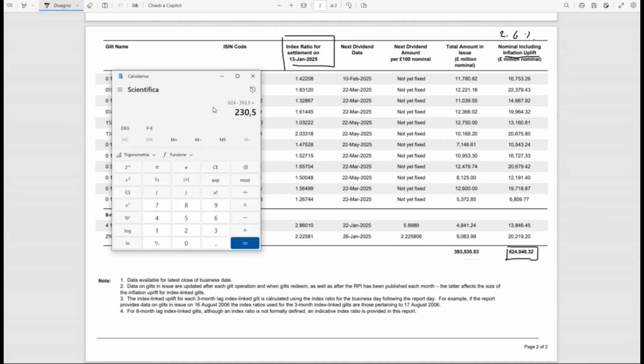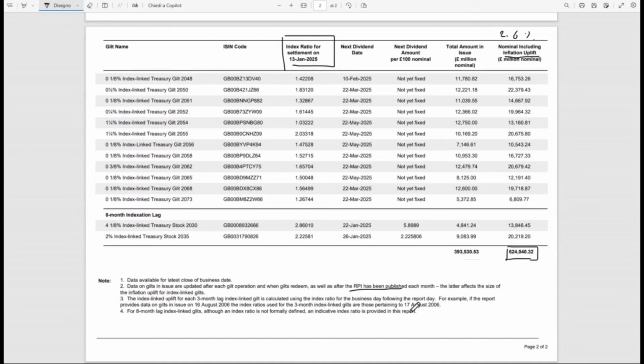RPI is published each month, and I had a simulation that by 2030 this index ratio could be 3.5. So for £100 the cost would be 350 quid. I don't know, are they crackpots? Are they nutters? What is the problem with these people? Why don't they do something that costs zero and say, okay, now we're going to change it to CPI?